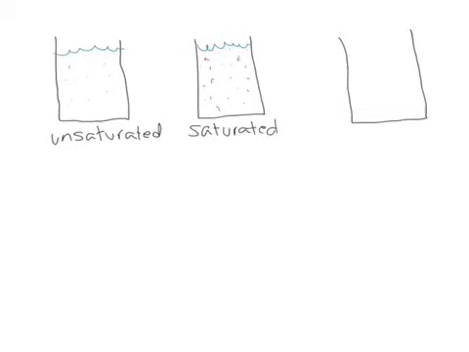Now the third scenario under normal conditions is such that you've maxed out all of the ions that can go into that solution at that temperature, but then you go just a little bit further, and you have some solid collecting on the bottom of your solution.